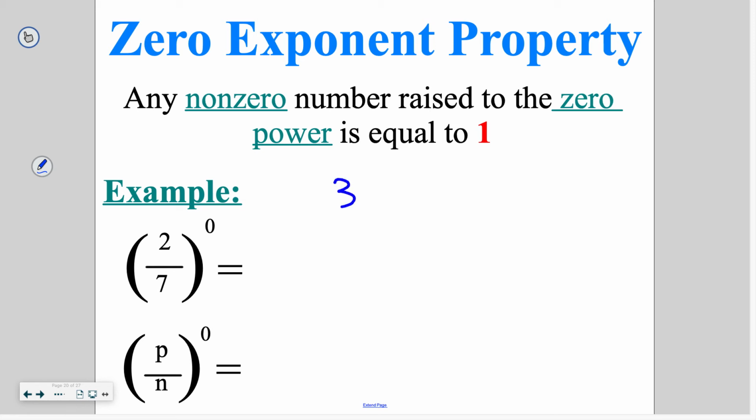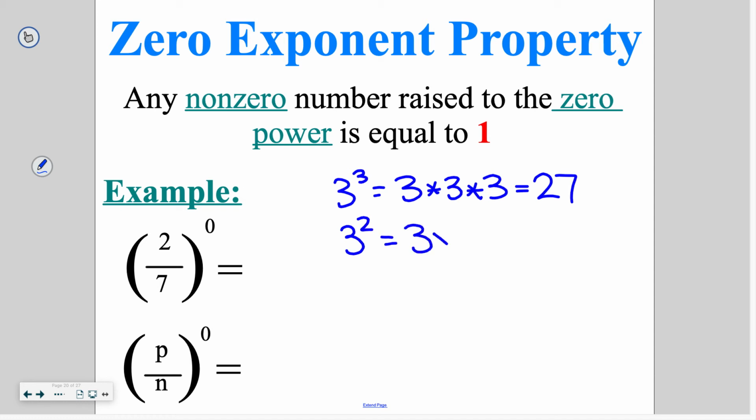If we go 3 to the 3rd power, that's 3 times 3 times 3, which is going to equal 27. If I go 3 to the 2nd power, I've got 3 times 3. How did we get rid of this times 3? We divided by 3.